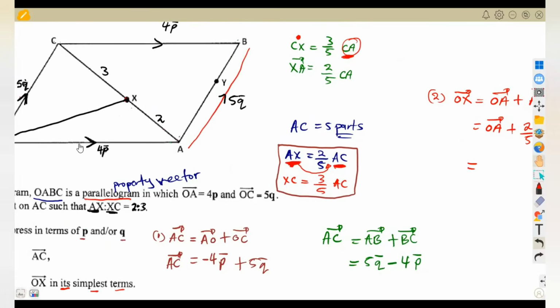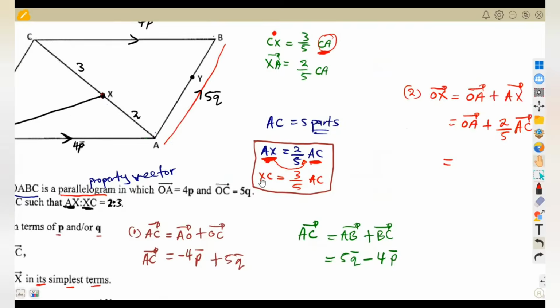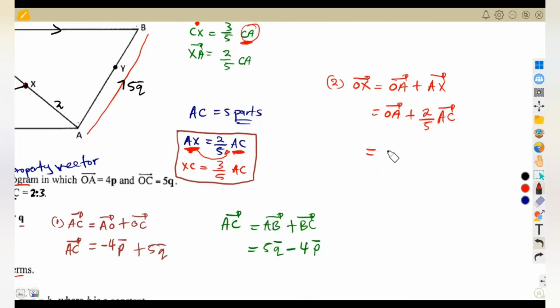We said from O to A, it's vector 4P. So we are going to use vector 4P there. So this is going to be 4P plus 2/5 of AC. So the 2/5 multiplies the whole of AC, and this is our AC that we calculated here, which is the same as this one. So that's minus 4 vector P plus 5 vector Q.